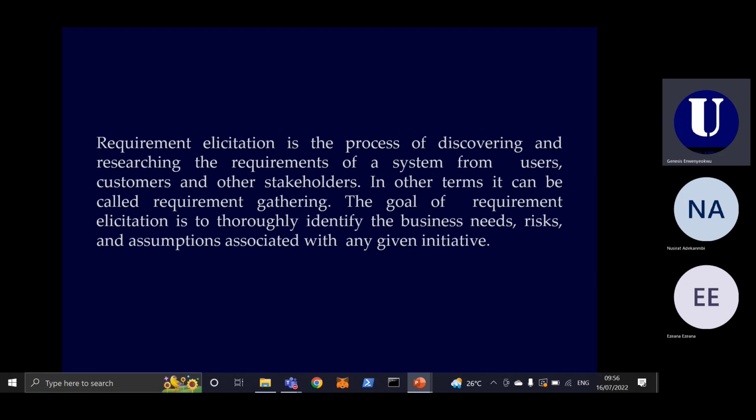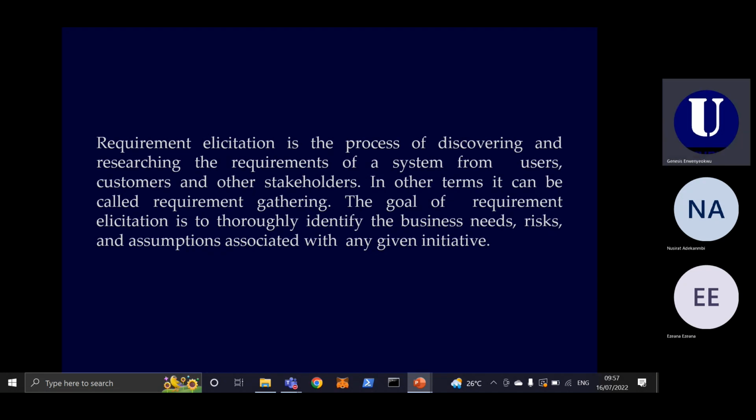So at first, what we do as business analysts is to identify the business needs through requirement elicitation, is to identify the business process. How will that business or that initiative carry on, or what are the processes involved in that business, right?